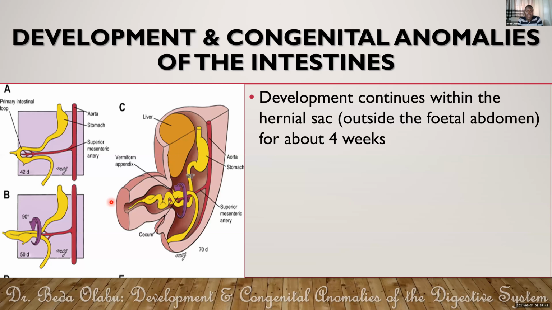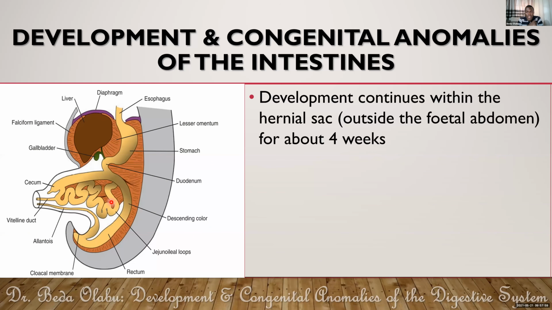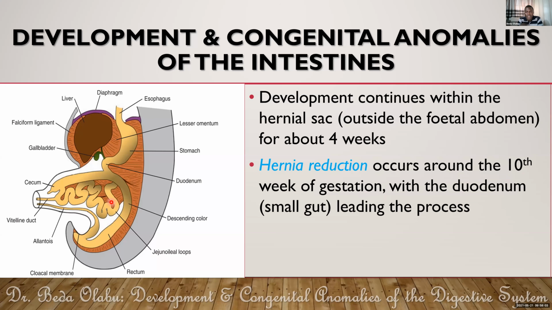So the liver is not as prominent as it was earlier in comparison with the size of the fetal abdomen. In those many words I'm saying, there's enough room in the abdomen. And because there's enough room in the abdomen, the intestines choose to go back. The process of going back is called hernia reduction. You can call it a reduction of the physiological hernia.